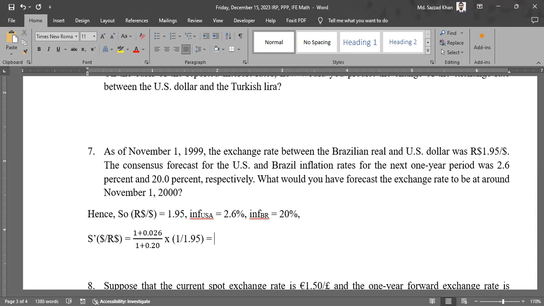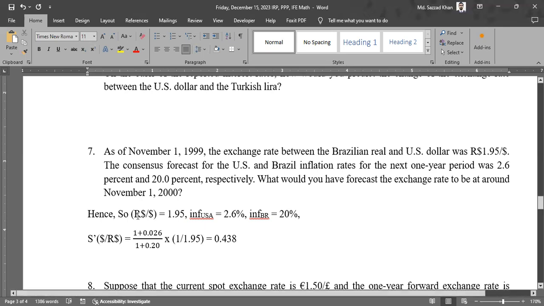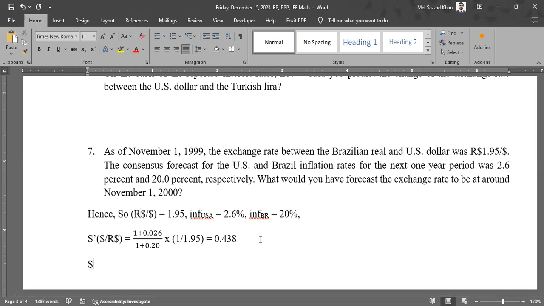So the rate should be 0.438. So we need to compare in this form. To find out in this way, we need to do S prime is equal to 1 divided by this one.